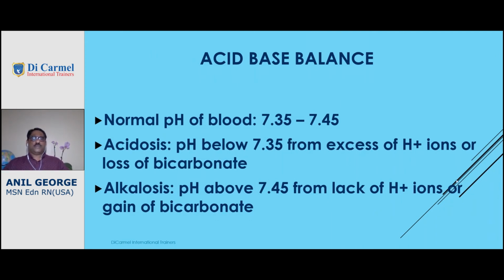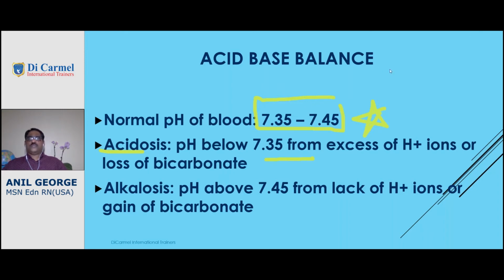So this is what we've heard so far. The pH is the most important value, which determines the acid-base status. The normal value is 7.35 to 7.45, and we call it acidosis if the value is less than 7.35.